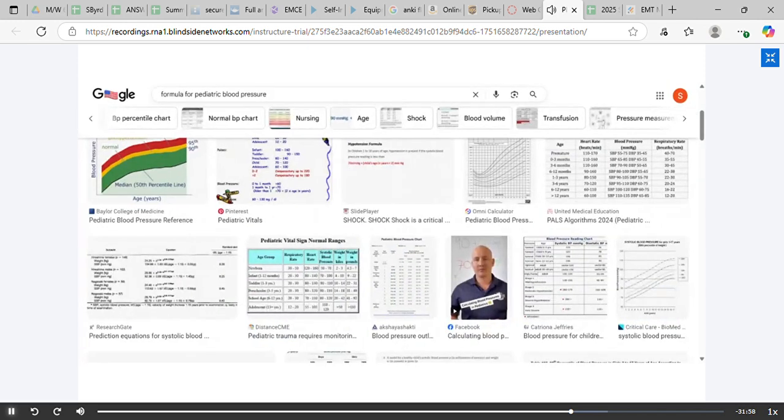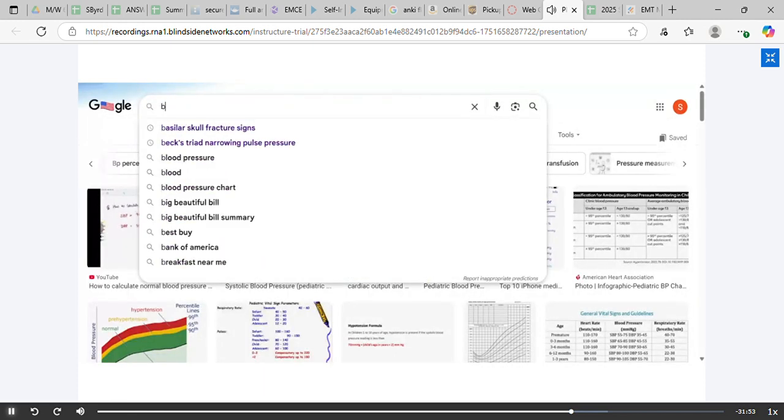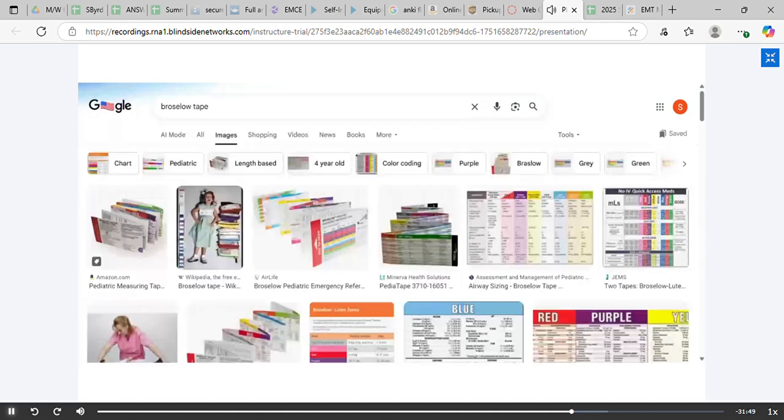You also can use, if you have one of these, and you probably will, based upon where you work, a Broselow tape or a Pedi tape. It's kind of this accordion shaped thing, and this says red to head, right?